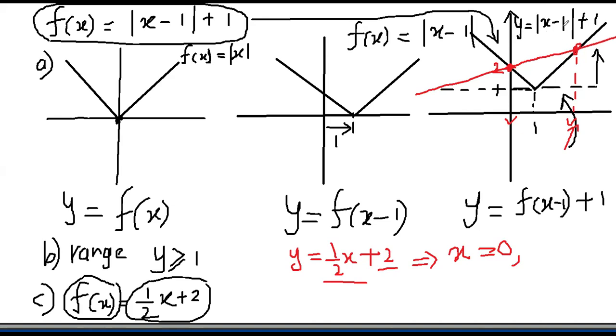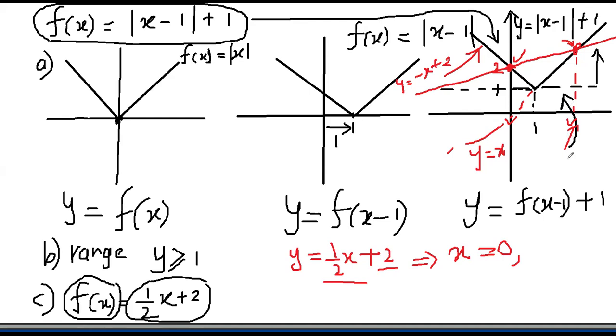Then x minus 1 plus 1. Then minus 1 plus 1 cancel. This line is y equals x. For this line, we consider the modulus is negative. Therefore, minus (x minus 1) plus 1. Therefore, this line is minus x plus 2. This point we already know, but we have to find the x value of this point.